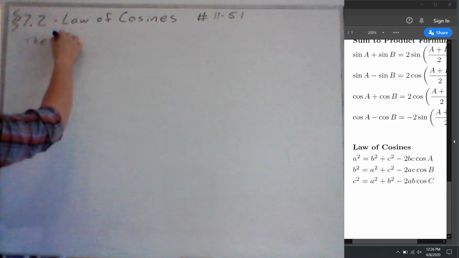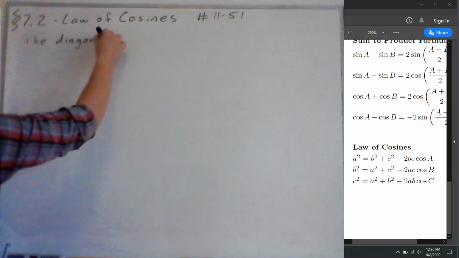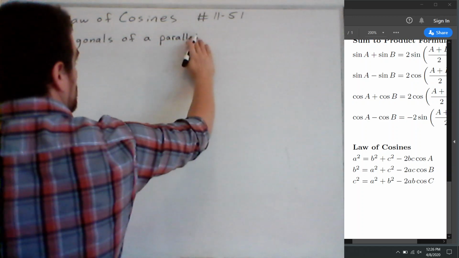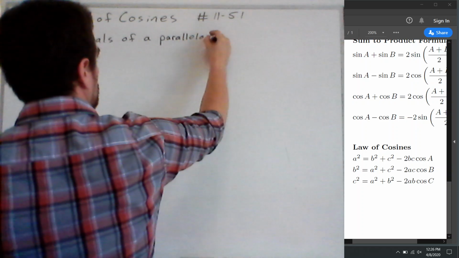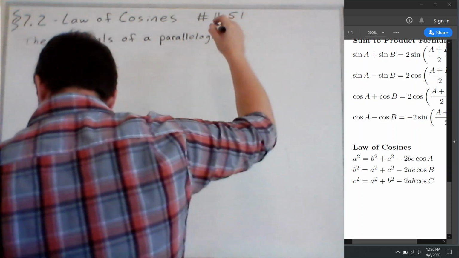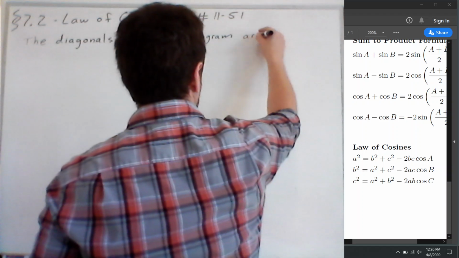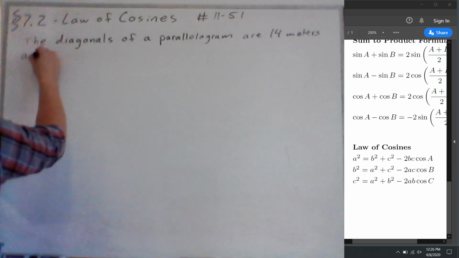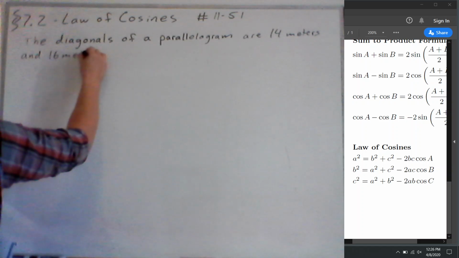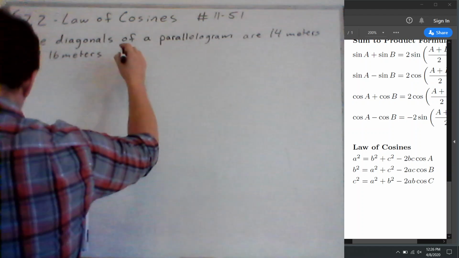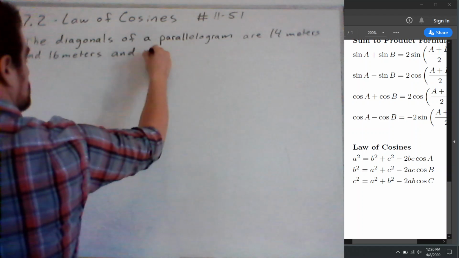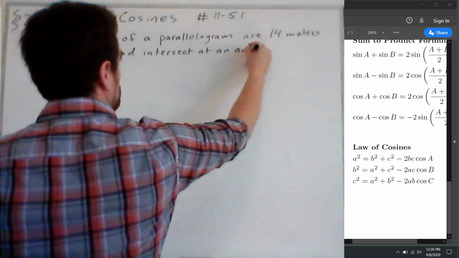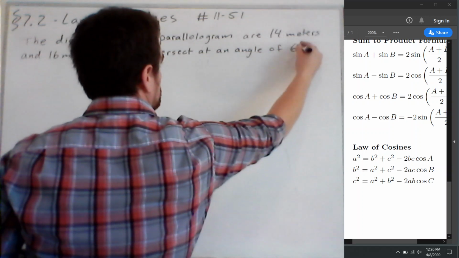It says the diagonals of a parallelogram are 14 meters and 16 meters and intersect at an angle of 60 degrees.